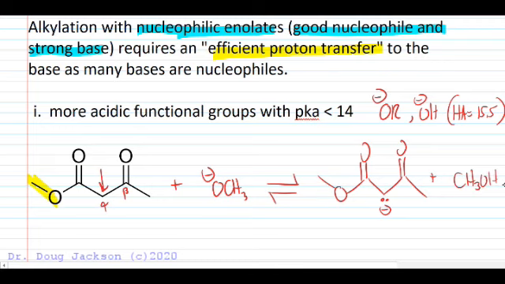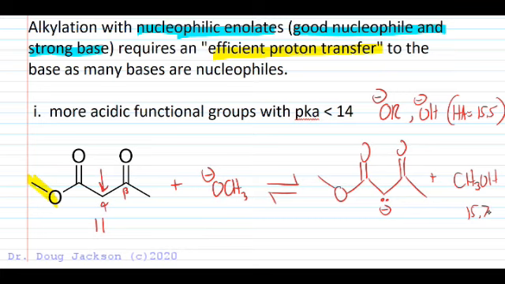Because the pKa here is about 11 or so, and the pKa of our alcohol is 15.7, that's a 10 to the 4-ish difference, so 10,000 to 1 favors the product. We're in great shape for a complete deprotonation.